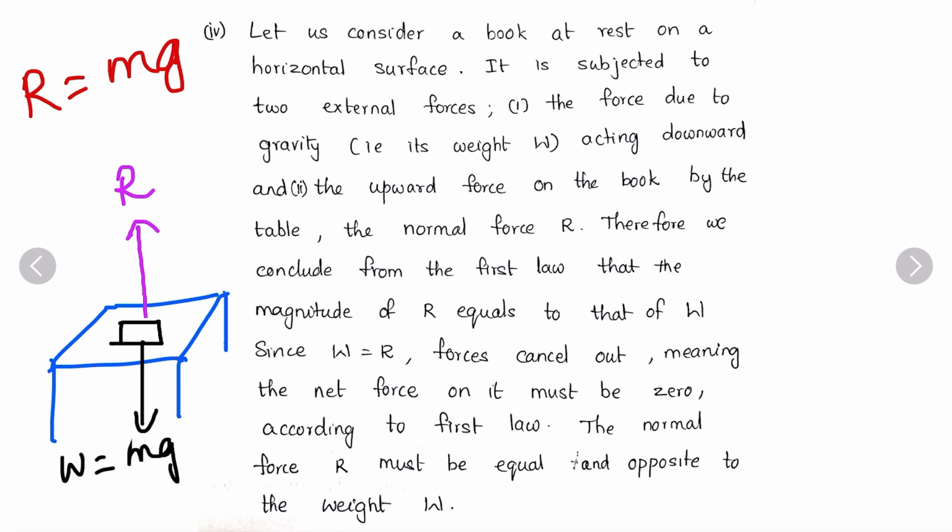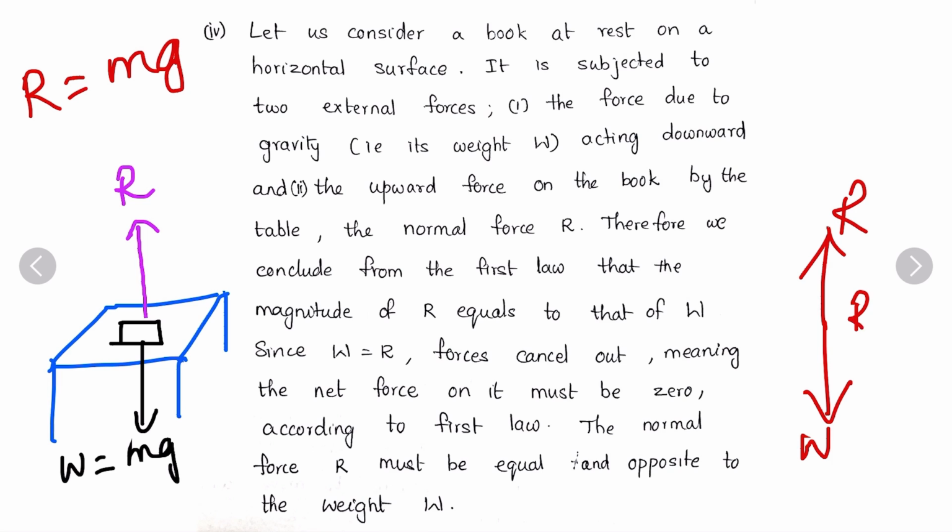There are two forces working on the book, but upward force is equal to downward force. Therefore, the net force on it must be 0 according to the first law. That means the normal force R must be equal and opposite to the weight W. One is upward, another is downward.